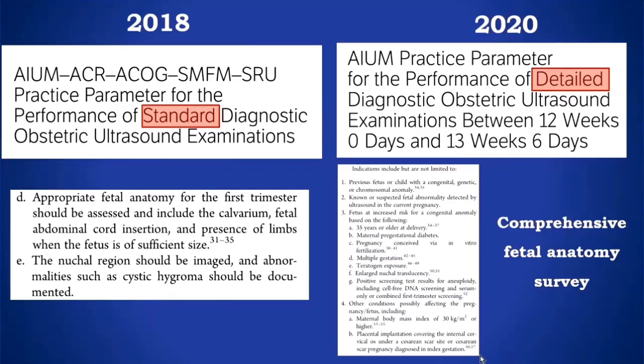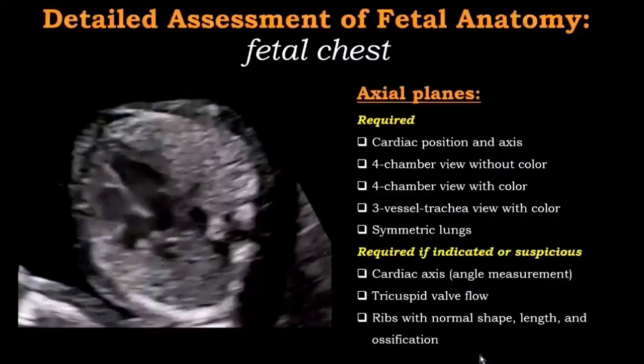So this is a significant shift in the paradigm of how ultrasound can be performed, and this is something that we really need to take into consideration and be familiar with, because this is the future of our ultrasound practices.